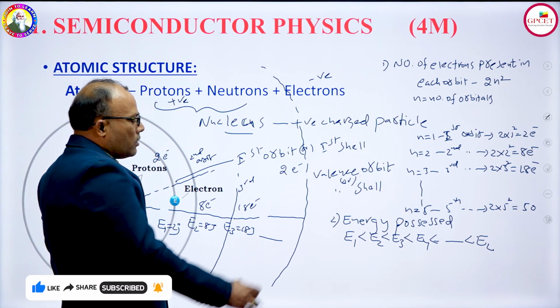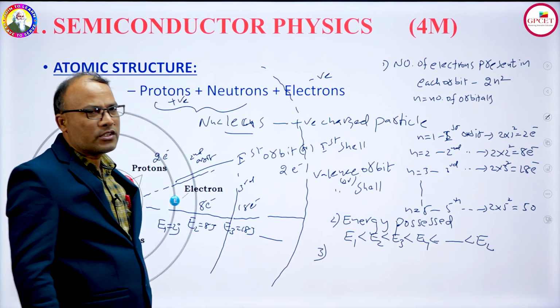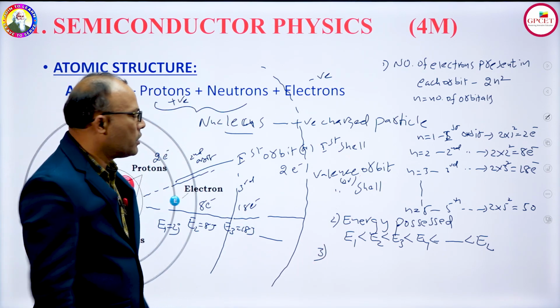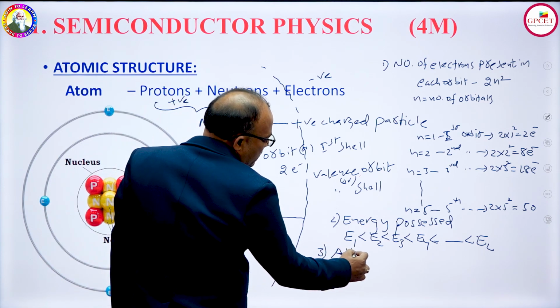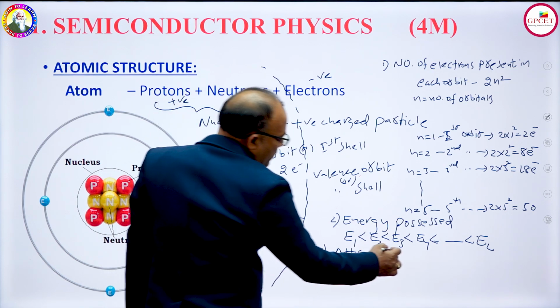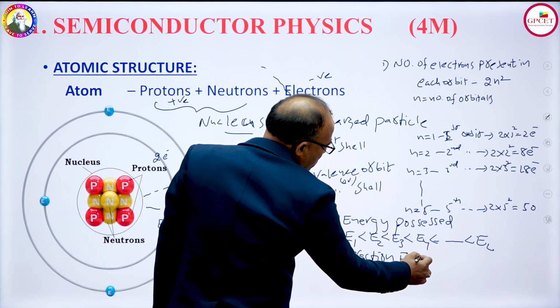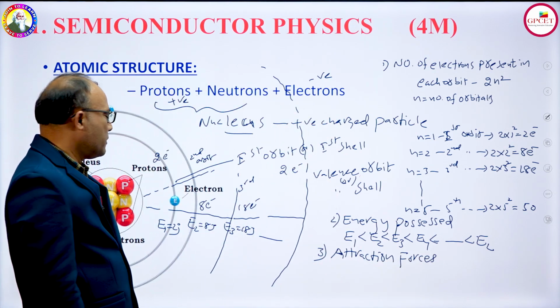Right. The next, third important point that we need to consider is the attraction force on the electrons revolving around the nucleus. For example, consider the electrons revolving in the first orbit.